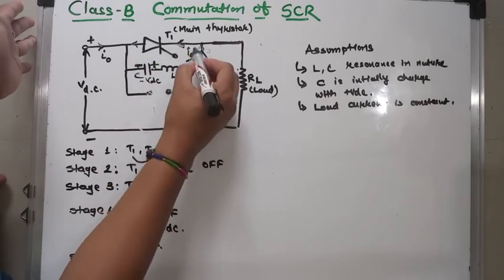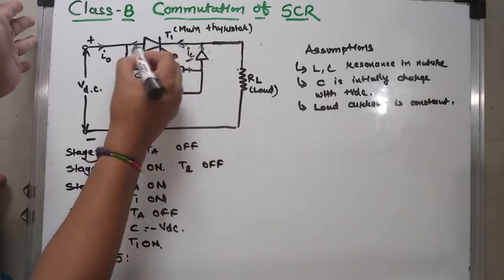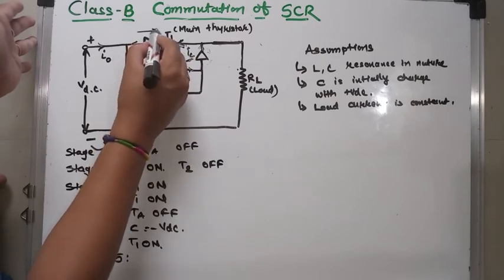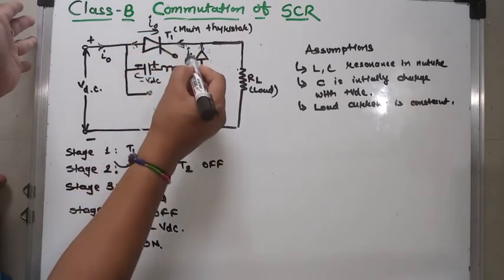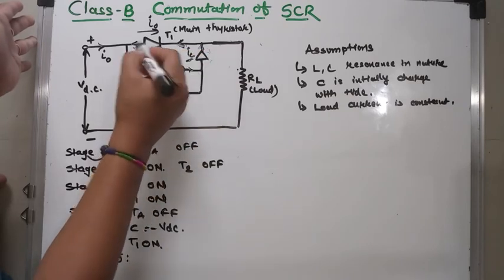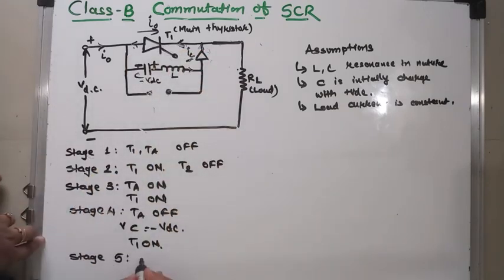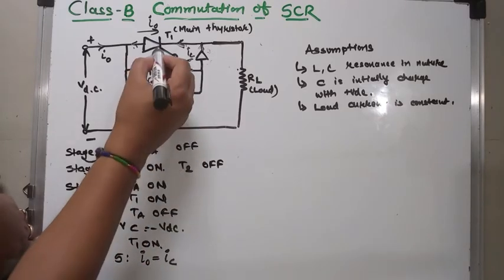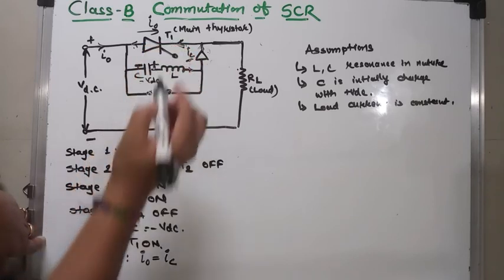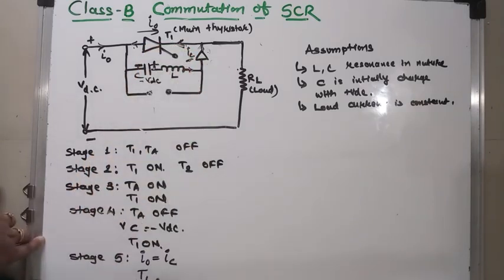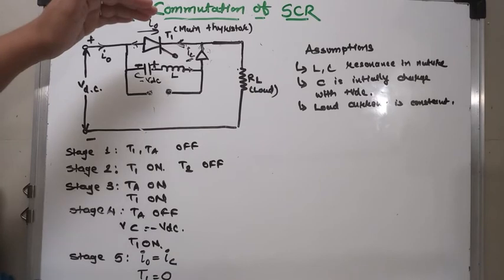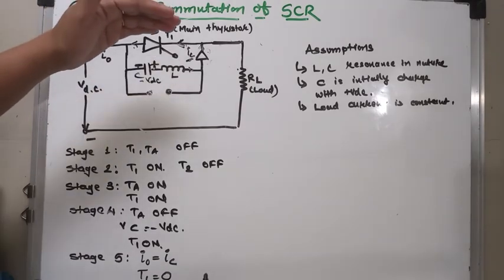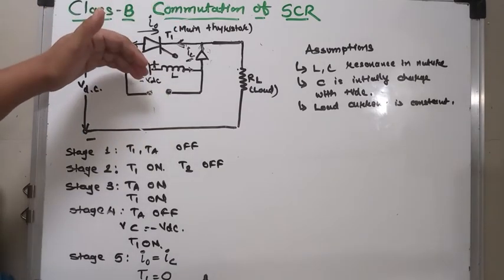So that's why IC, the resonance current supplied by the capacitor, chooses this path. It will flow from cathode to anode through the thyristor T1, as I0 is flowing from anode to cathode and IC is flowing from cathode to anode. So during this stage 5, when I0 is equal to IC, the current passing through the thyristor T1 is 0, so T1 is turned off. Here the main thyristor is turned off due to the resonance current supplied by the capacitor.